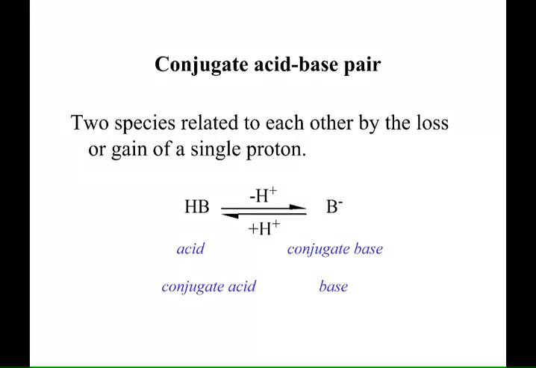So I kind of feel like we did this. Now I remember. You're like, well, what's the difference between this blue designation and this blue designation? And in my mind, nothing. Convention-wise, I guess this top one is going from left to right, and the bottom one's going from right back to left again. But I just call them conjugate acid-base pairs. Do you know what I mean? I think it's kind of silly.